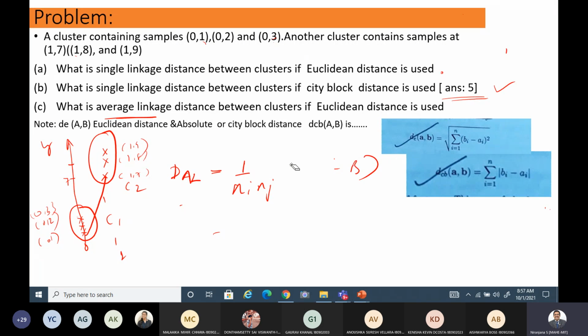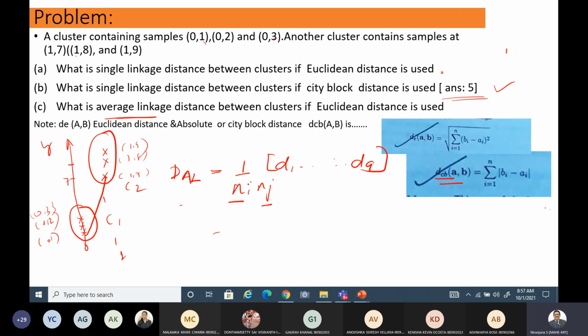So the total number of 9 Ds, you have to calculate first. All Ds, D1 to D9, you have to calculate using city block. You may have already calculated. So you have all the values 5, 6, 7 and 6, 7, 8, all these, no? You add it. And later Ni and Nj here, that you need to understand.